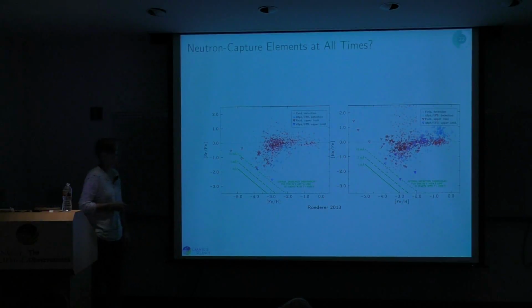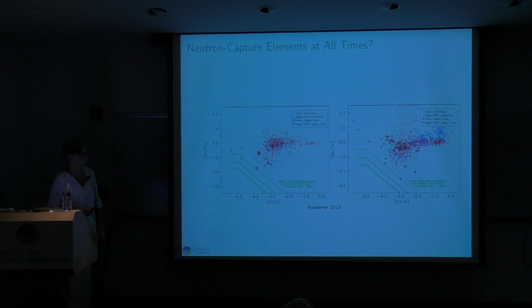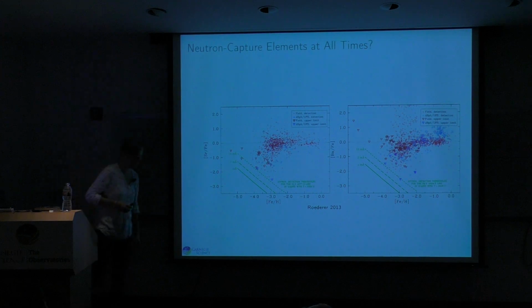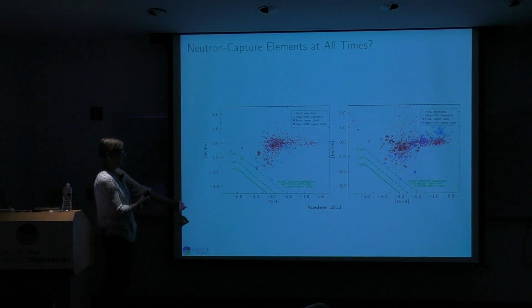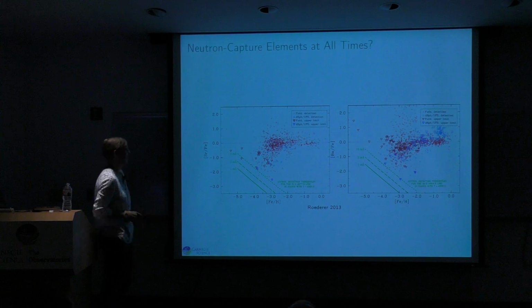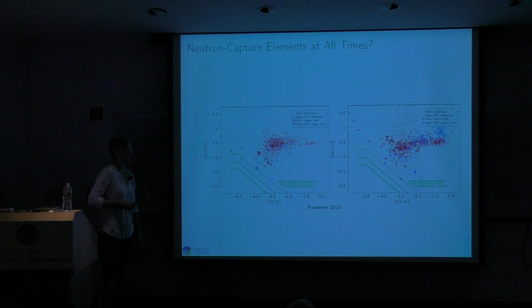Yes, and then there's the final evidence that neutron star mergers probably are not the sole candidate, which is that we basically see strontium and barium in every single metal poor star where we've been able to measure it.